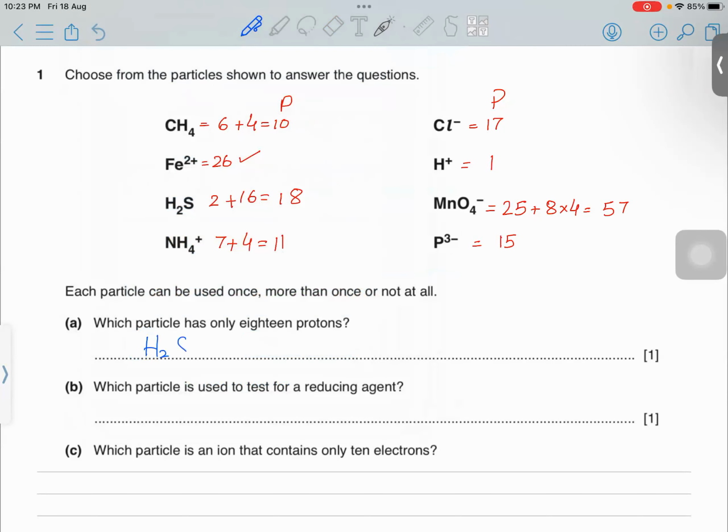Which particle is used to test for a reducing agent? This is other than atomic structure, so let's skip it. The C part: which particle is an ion that contains only 10 electrons? Now find the electrons.